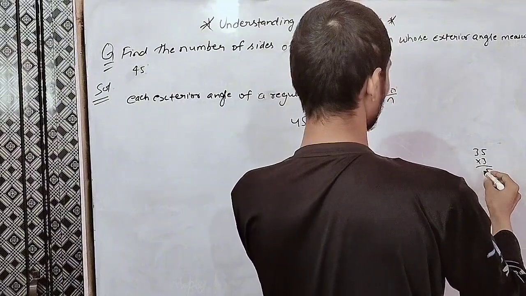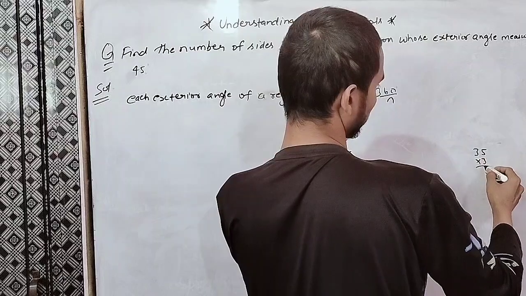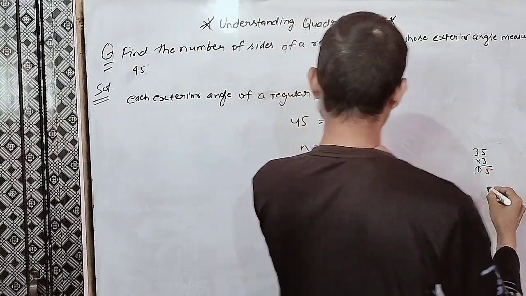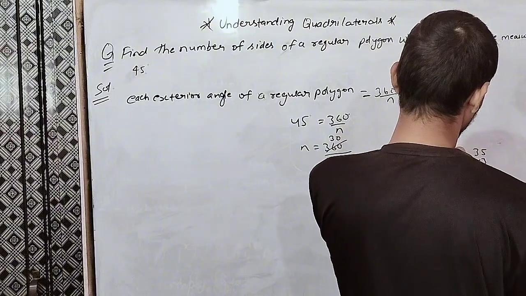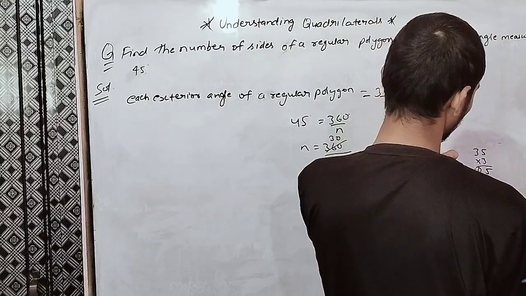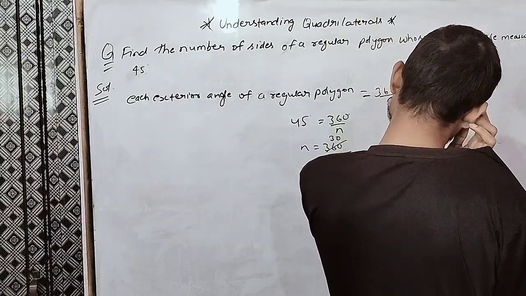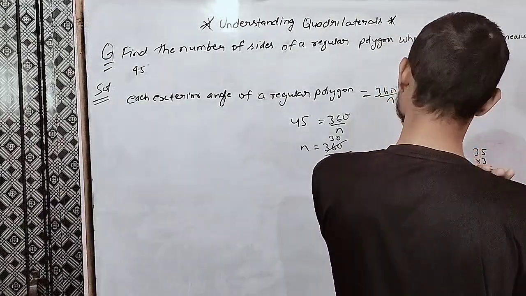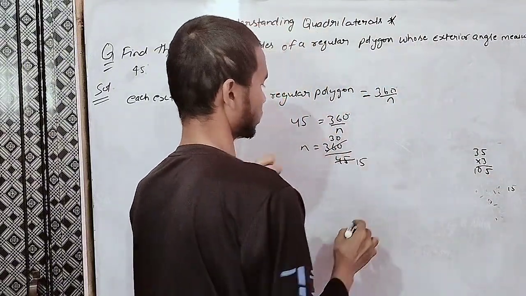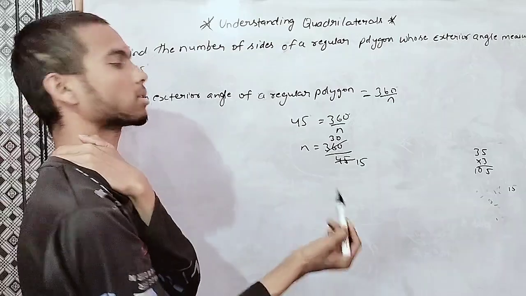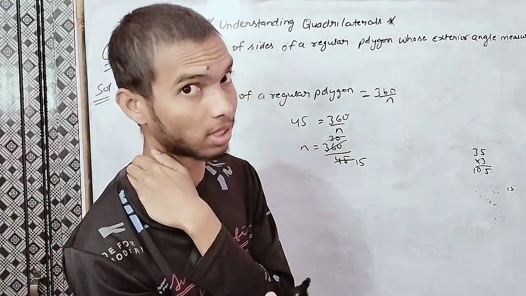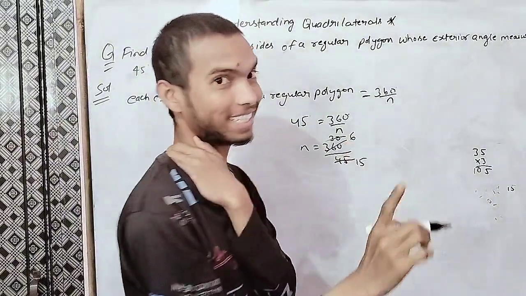Then 3 fives are 15, so 45 divided by 3... 15 threes are 45, 12 threes are 36, 6 fives are 30.